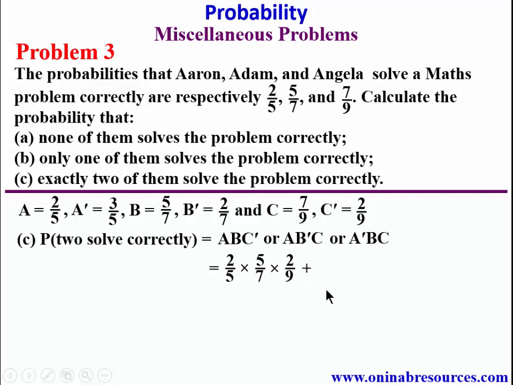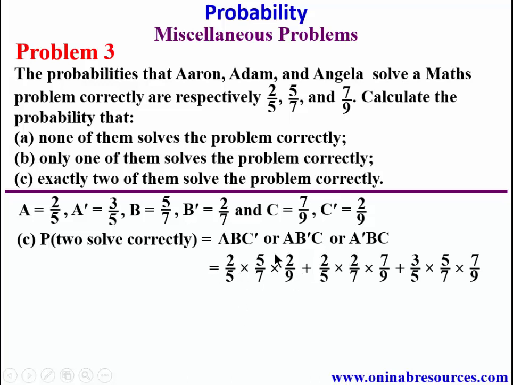Or means plus. The probability that A solves correctly will be 2 over 5 times B does not solve correctly, 2 over 7, and times C solves correctly will be times 7 over 9. Then plus probability that A does not solve it correctly is 3 over 5 times B solves correctly, 5 over 7 times C solves correctly, 7 over 9. I still maintain the same denominators.